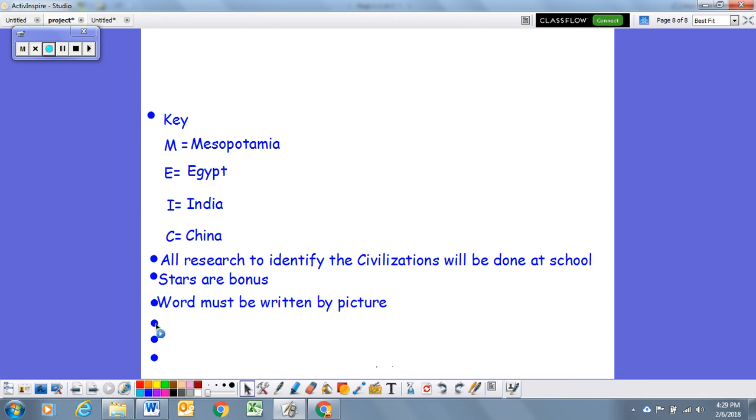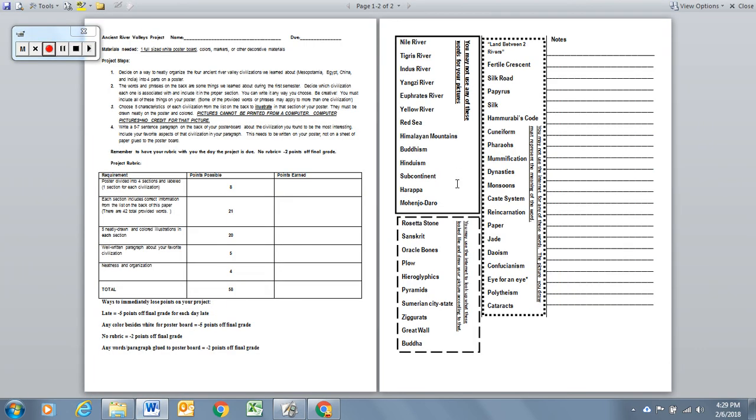The next thing, I'm not looking for artistic ability. You saw how well I drew my dynasty picture. So I am not expecting you to be an artist. I'm expecting you to be able to take a definition of a word and show the meaning of it through a picture. Also, the pictures must come from the list. This list right here.